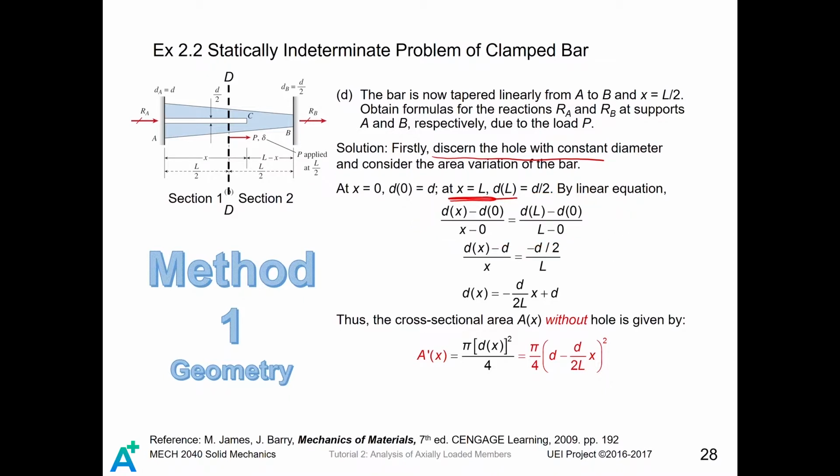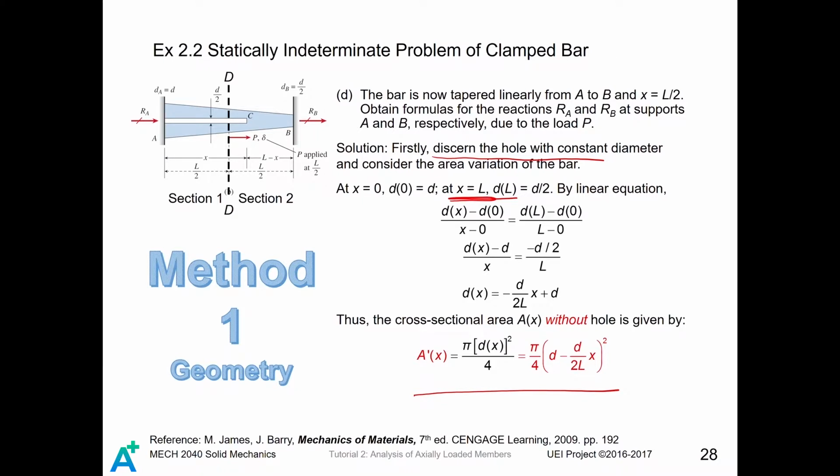Then, you do the simplification to obtain the diameter, which is minus d over 2L times x plus d. Therefore, the cross-sectional area A(x) without hole is given by this. Notice that this area is the cross-sectional area without hole.